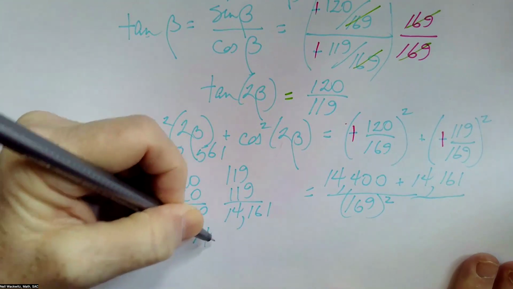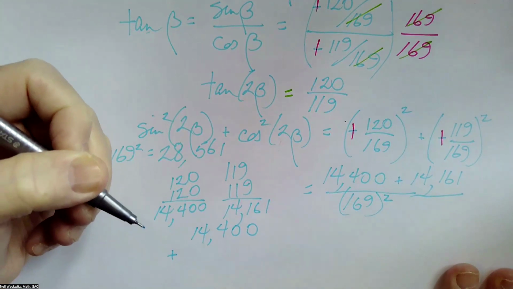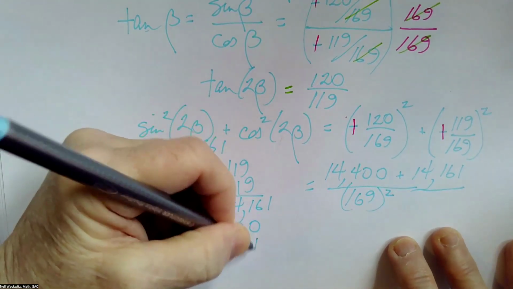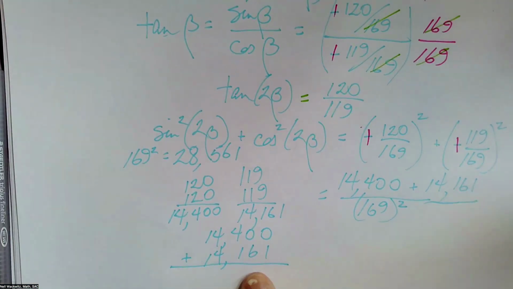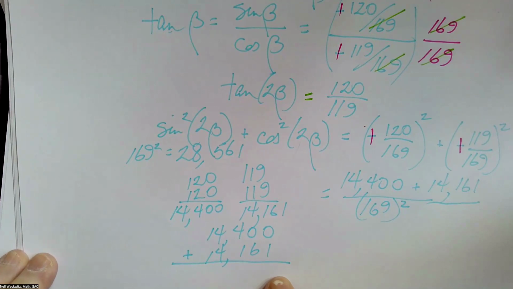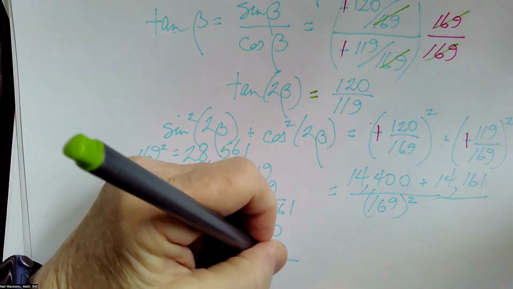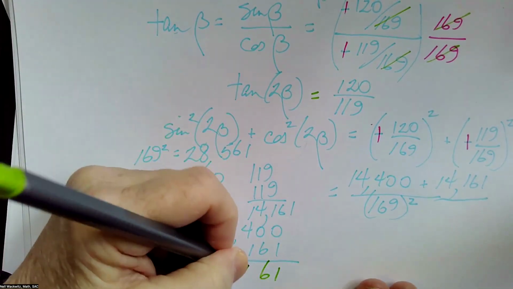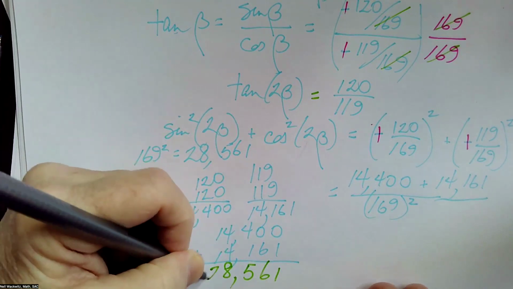So let's see, 14,400 plus 14,161. Well, we're already kind of happy because we can see that the last 2 digits are 61, and that's good. That's what our goal is. 4 and 1 are 5. 4 and 4 are 8. 1 and 1 are 2.